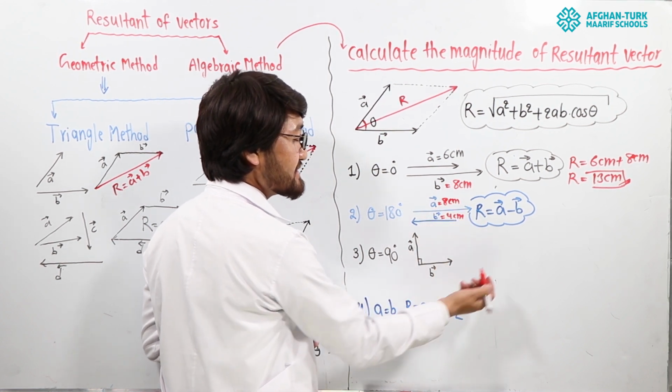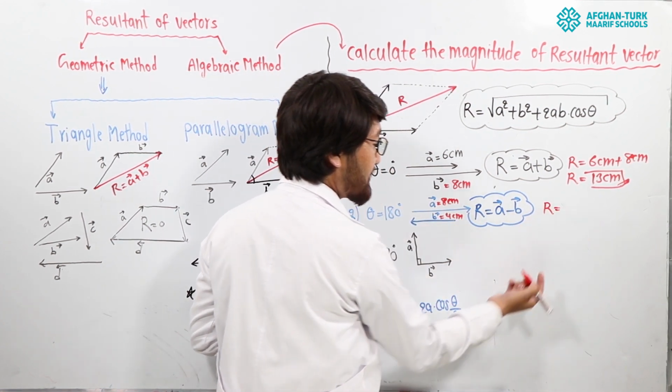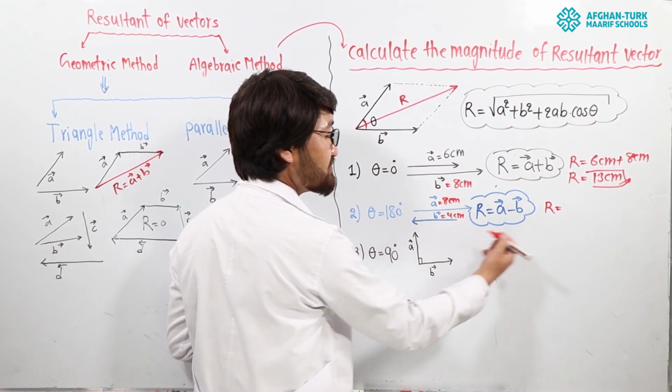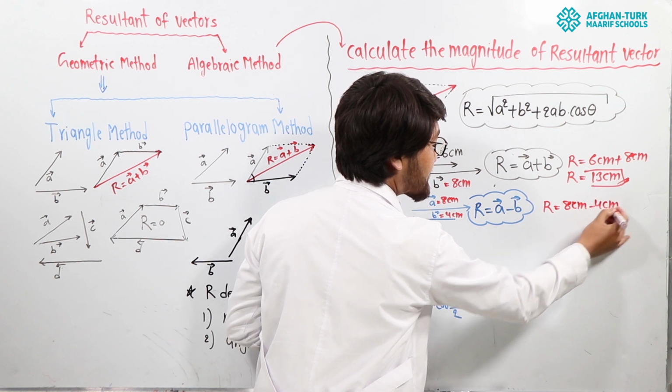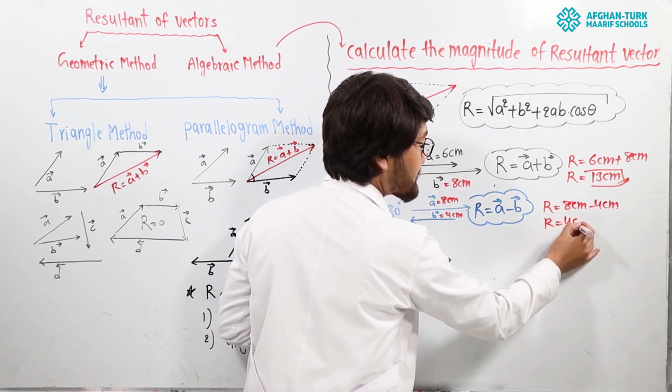What is the resultant? We can find A minus B. 8 centimeters minus 4 centimeters is equal to 4 centimeters.